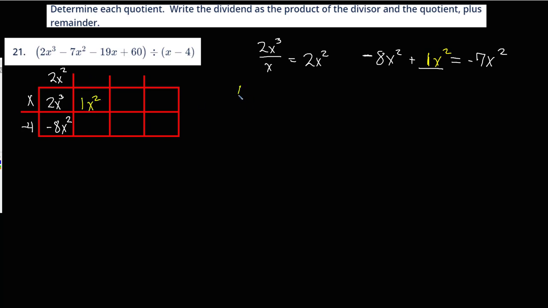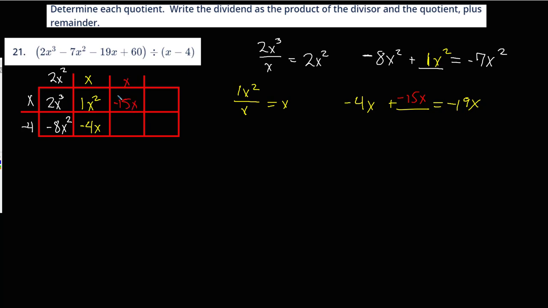Divide going up. Gives me an x. Multiply coming down, negative 4x. Negative 4x plus something is going to equal a negative 19x. That something is a negative 15x.